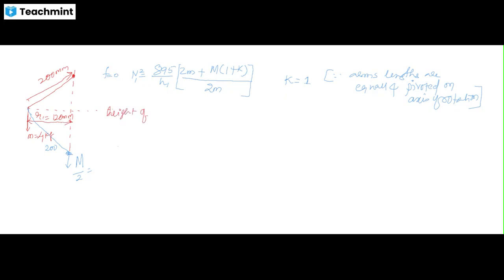Height of governor at radius r1 equal to 120 mm.